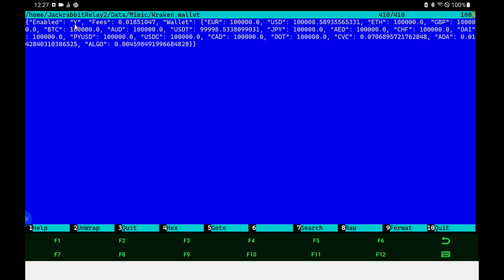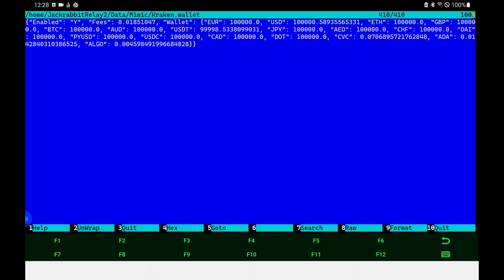If the account has been liquidated, it will be disabled. It tracks the fees of all of your simulated transactions, and then each of the wallets as you have them and use them. Mimic does a good job in actually simulating what your cryptocurrency wallets are going to look like.